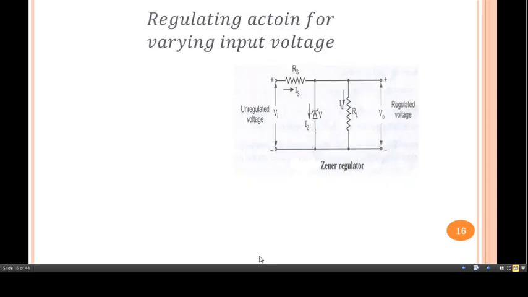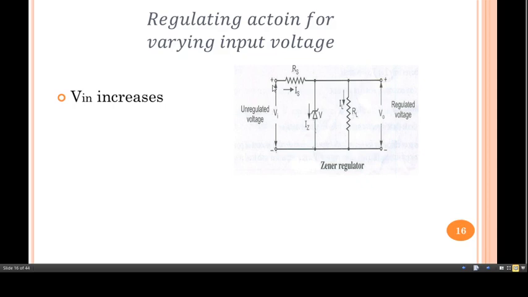Now we will see the regulating action for varying input voltage. Either the input voltage is decreasing or the input voltage is increasing. Even though it is decreasing or increasing, we will get the constant output voltage V0. Let's consider the first case, when Vin increases.